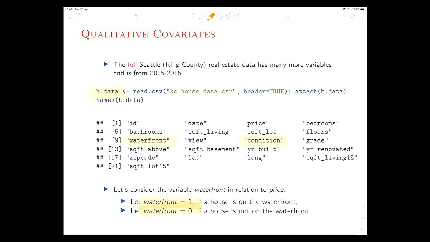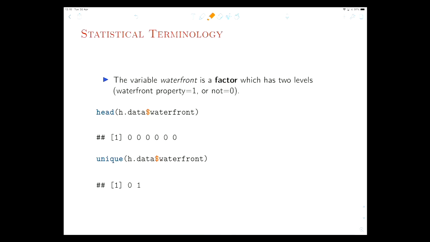Now, if you wanted to understand how price reacts to being on a waterfront, we can test or observe that relationship. Firstly, a few things to note about that variable. Again, this is mostly revision. You would have done this in a lot of your introductory stats courses, but we'll quickly run through it so that it sets up the regression exercise that we actually want to get to.